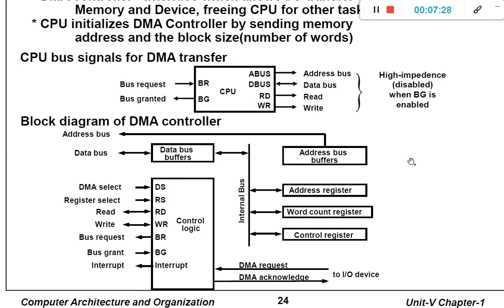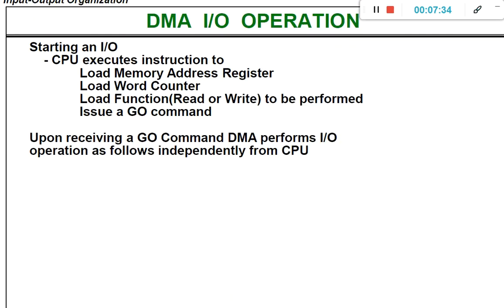Only the CPU is going to initialize the DMA controller by sending the memory address as well as the number of words to be transmitted. Here we can see the DMA operation, the sequence of operations. The CPU executes instructions to load the memory address register, so from where the data should be transmitted, load the word counter, how many words to be transmitted, load the function whether read or write operation is to be performed, and then issues the go command.